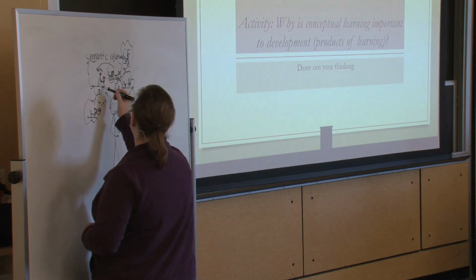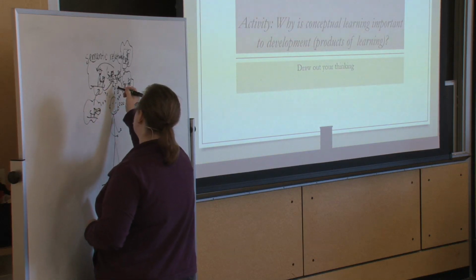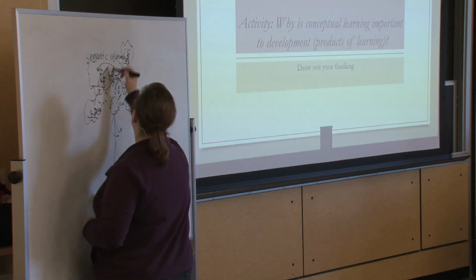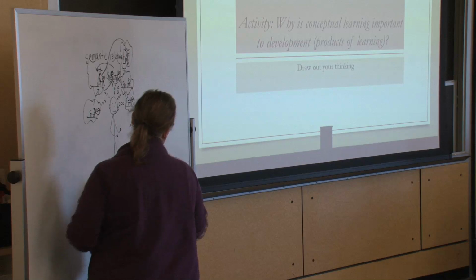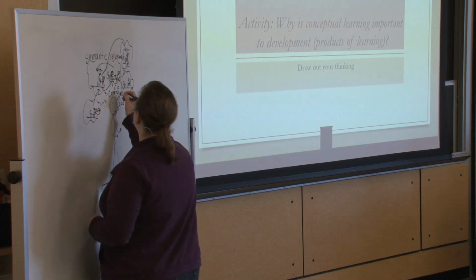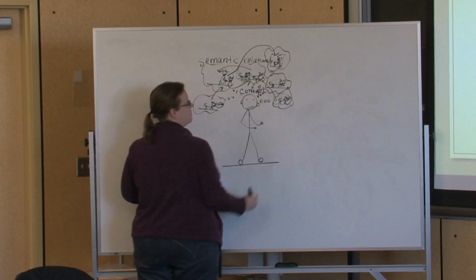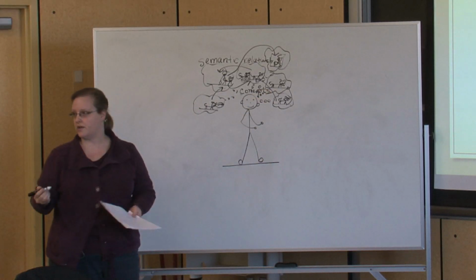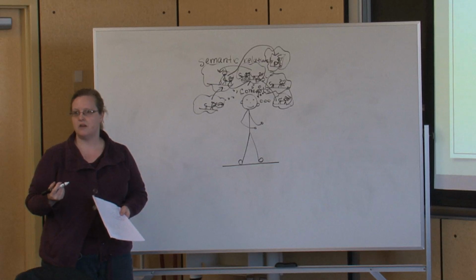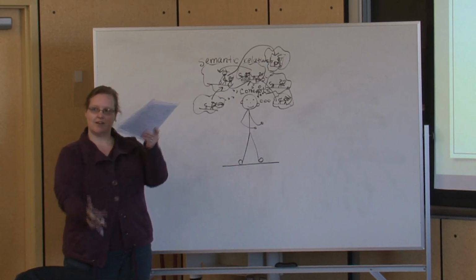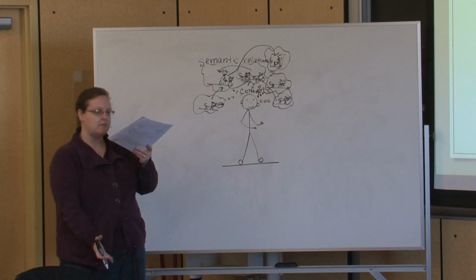Maybe the cat ran away. So maybe he remembered when he was petting the cat about the picture that he saw, so he knows the cat goes up the tree. So there's lots of things going on here, but these are all the learner's concepts over time. And there's many concepts, correct? It's not just one. Anything you have an idea about, you could unpack into many, many concepts, many layers that deepen over time.